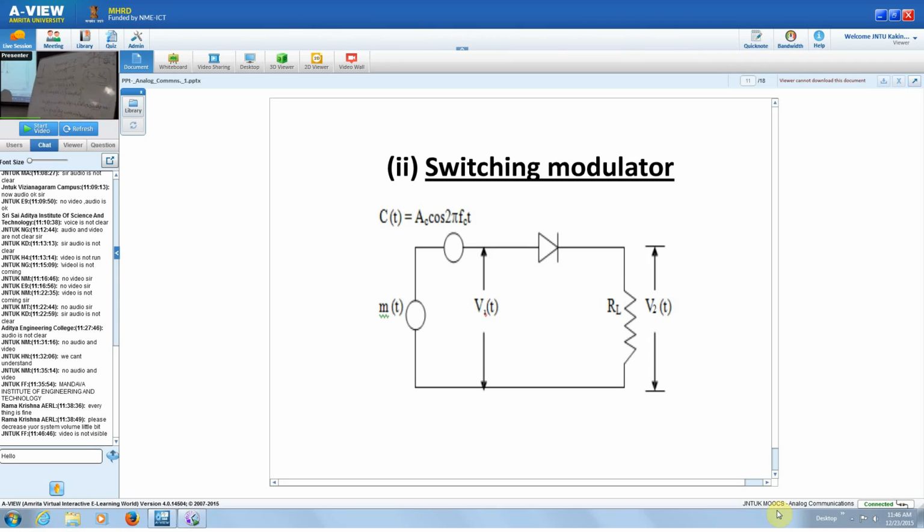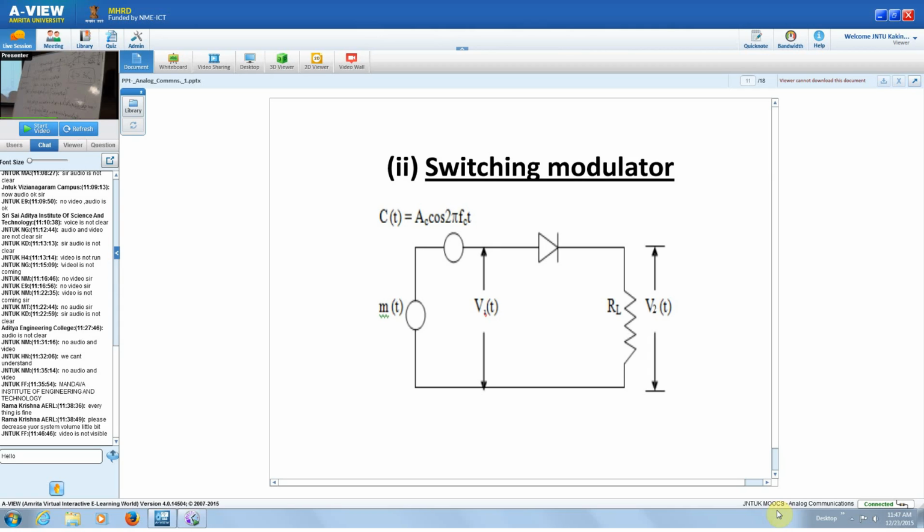Right? Because we have said that your switching characteristic depends on your carrier voltage only. And for C of t less than 0, the diode is reverse biased. No current. That means C of t is going to control the on and off of your diode.